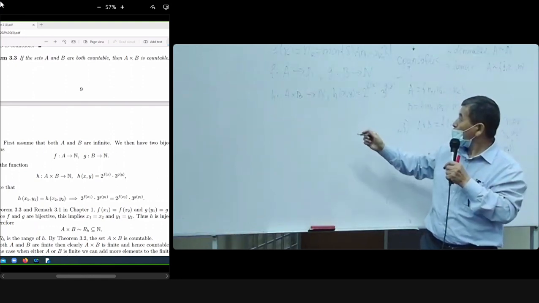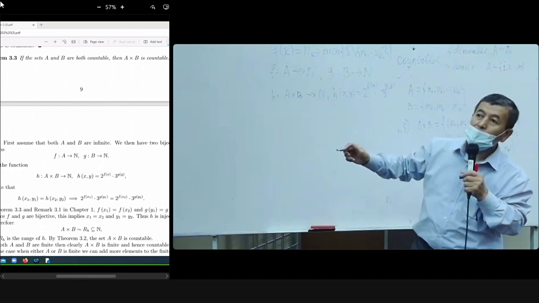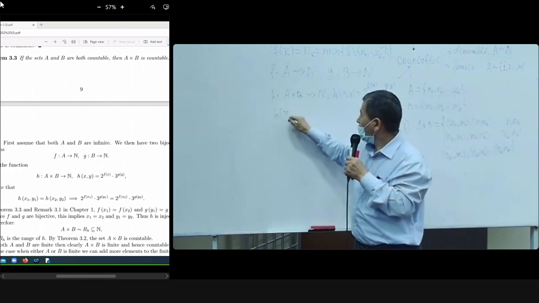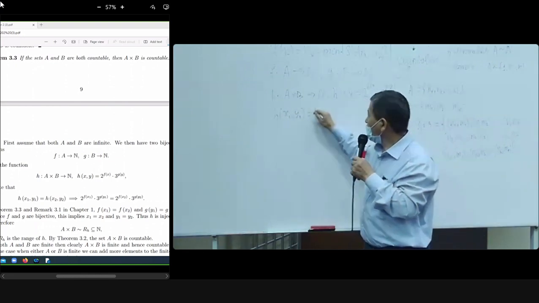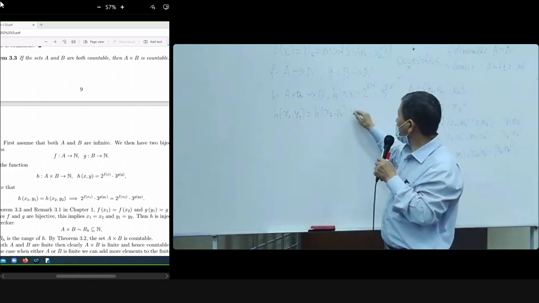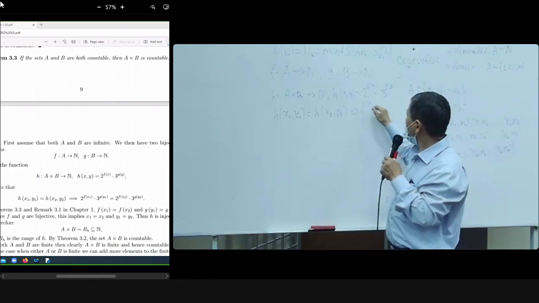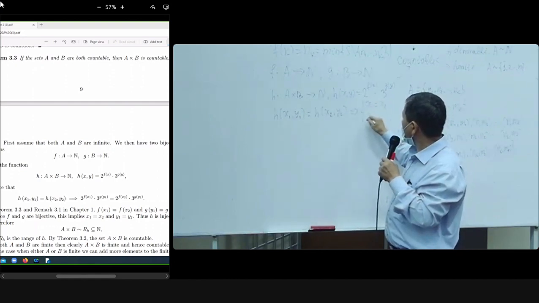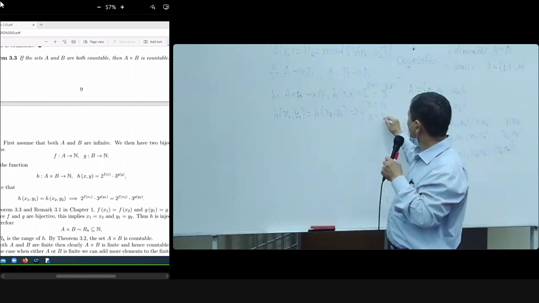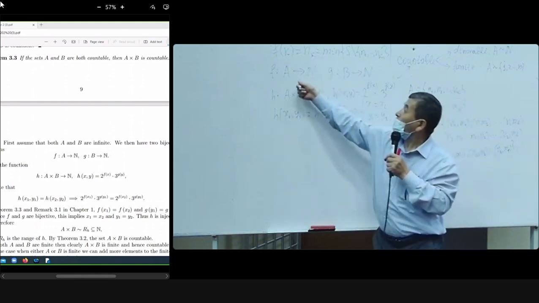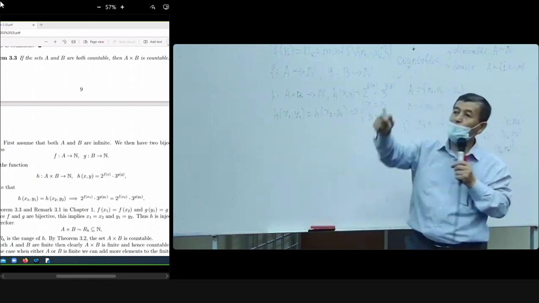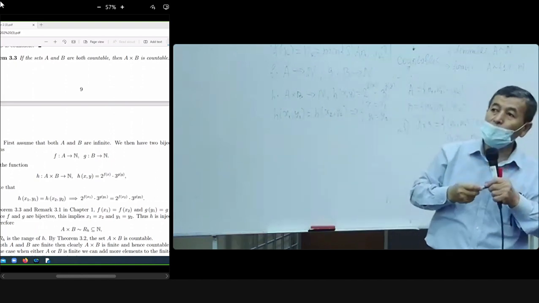Injective means h(x1, y1) = h(x2, y2) implies x1 = x2 and y1 = y2. But here f and g are bijective, so because of bijectivity, we can get that. Okay, so that's the proof of this.